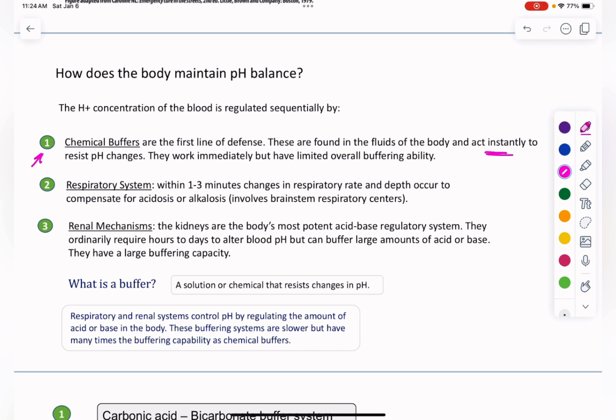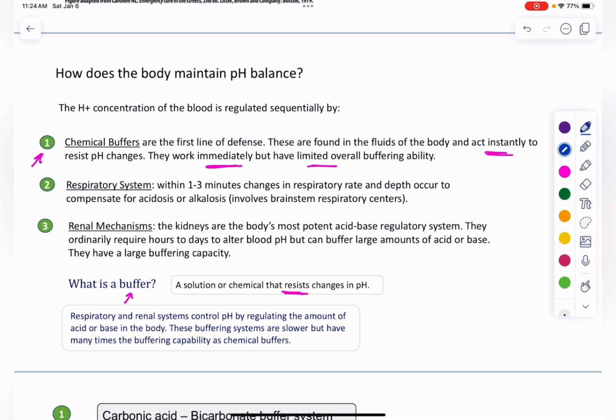The upside is that they work immediately, but overall they have a limited buffering ability. Let's define what a buffer is. A buffer is a solution or chemical that resists changes in pH. So these chemical buffers located in the fluids of the body are going to resist changes in pH.